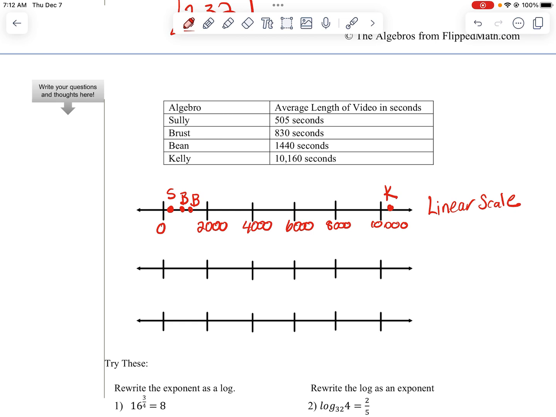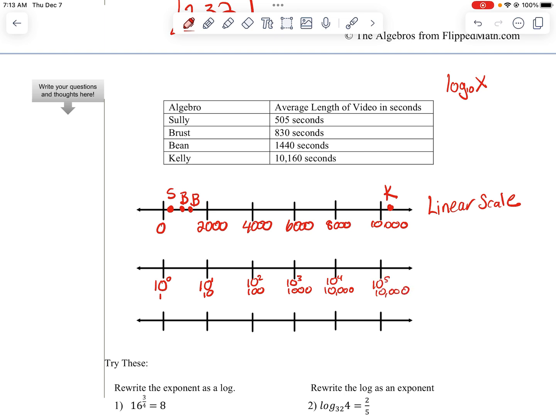We're going to graph it on a log scale, and we're going to start with log base 10. If it's log base 10, this is going to represent 10 to the 0 power, so that's 1. 10 to the first, so 10. 10 squared, 100. 10 cubed, 1,000. 10 to the fourth, 10,000, and then 10 to the 5th, 100,000.